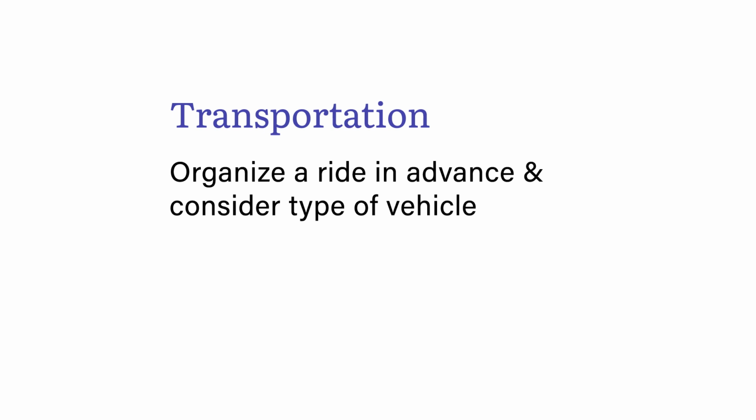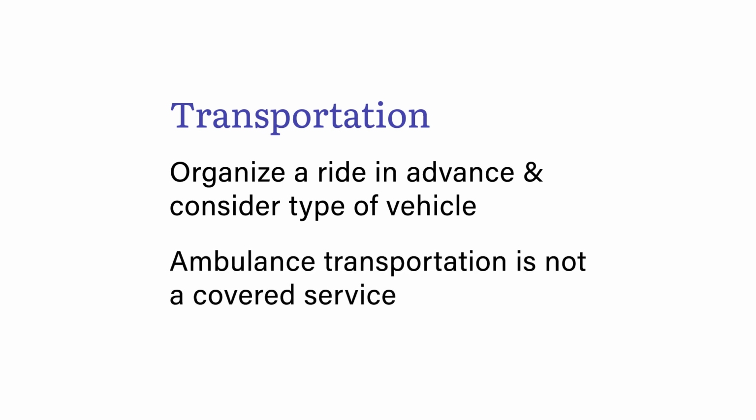When it's time to go home, please make arrangements for transportation from the hospital. Ambulance transportation is not a covered service when you are up and able to walk after surgery, so you will need to find another means of travel. We recommend the front seat is pushed all the way back to give you more legroom.